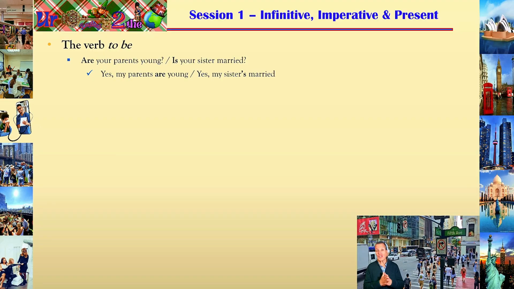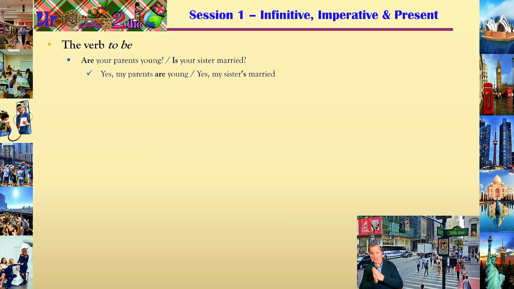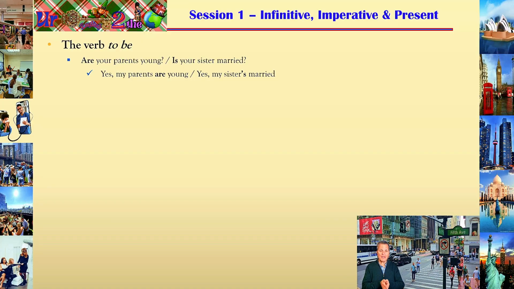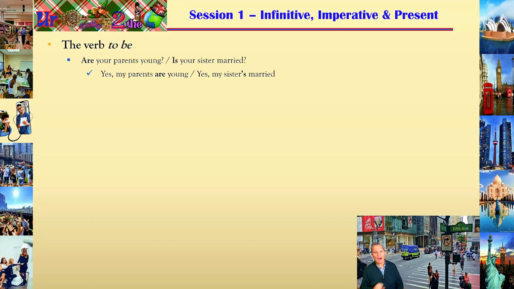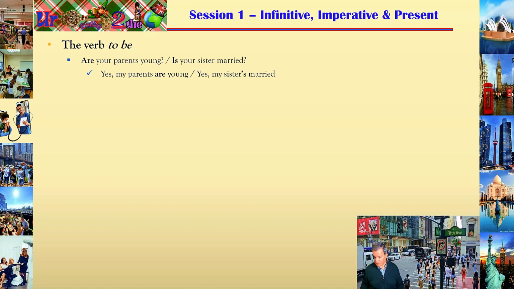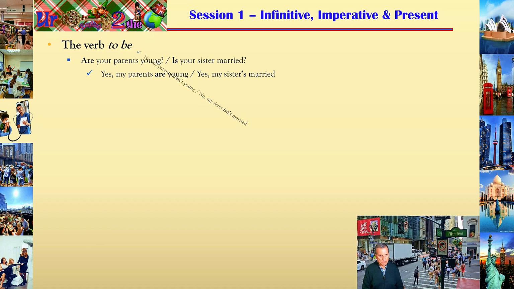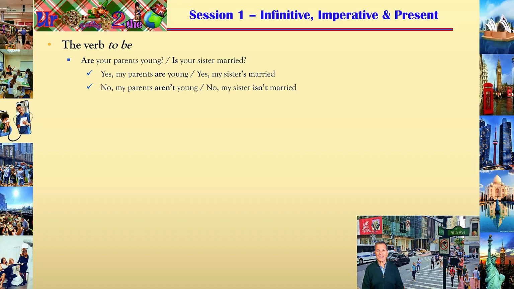In this case, we're using is because sister is she is a third person singular, and in the verb to be, you use is with he, she, and it, right? And in this case, parents are is used with plurals in the verb to be, right? No, my parents aren't young. My sister isn't married.